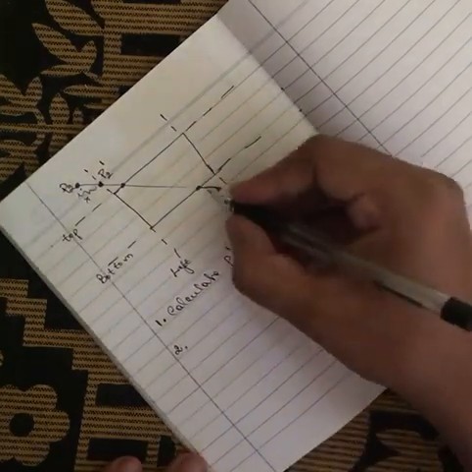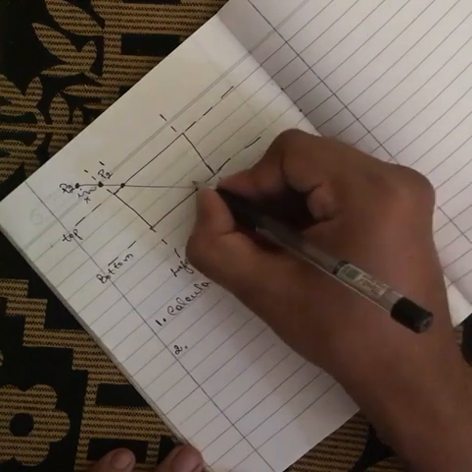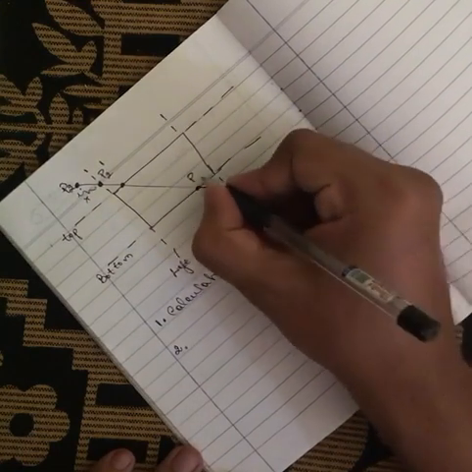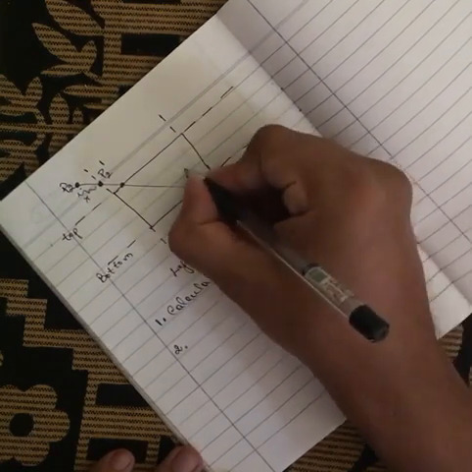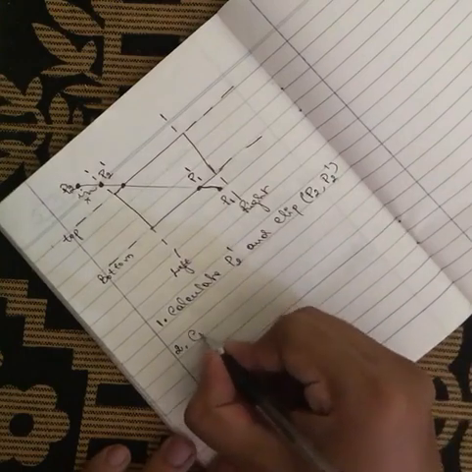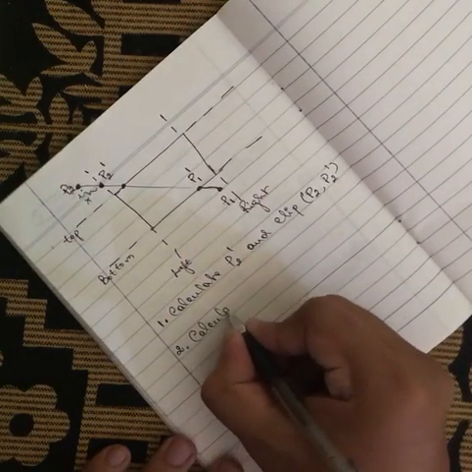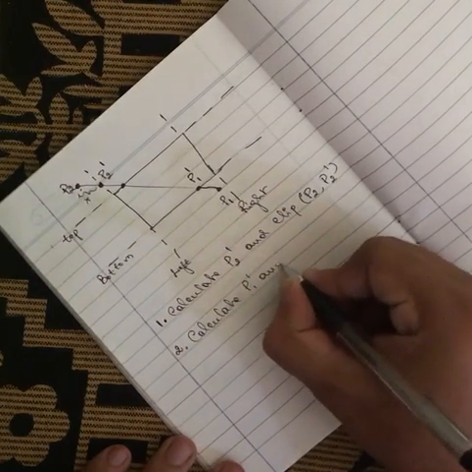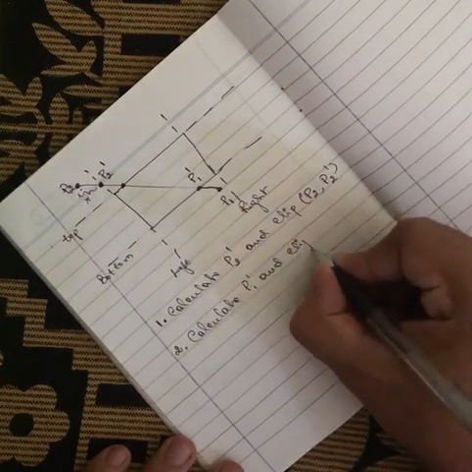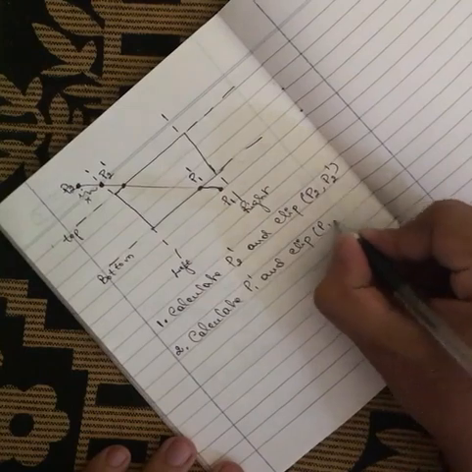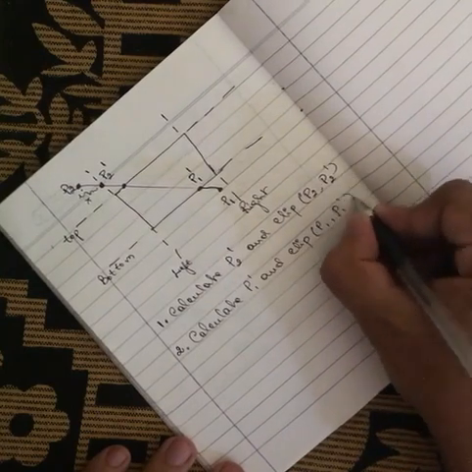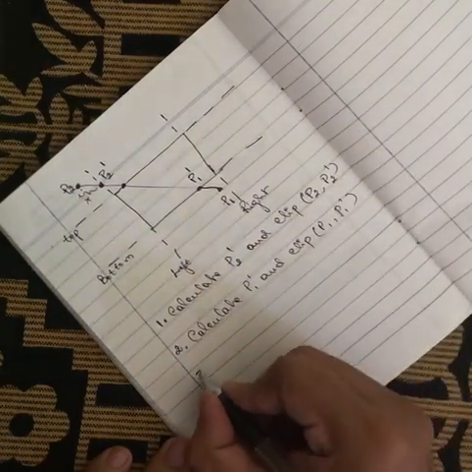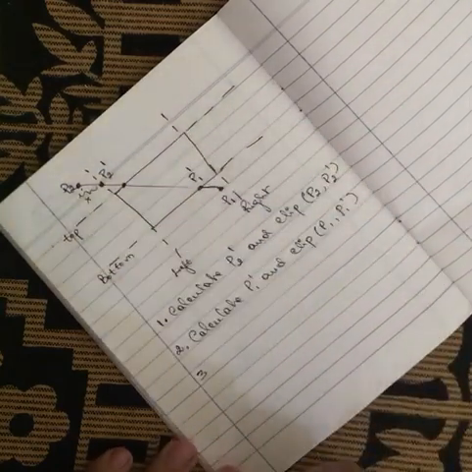So we have to calculate this point, which we call P1 dash. Calculate P1 dash and clip P1 comma P1 dash.